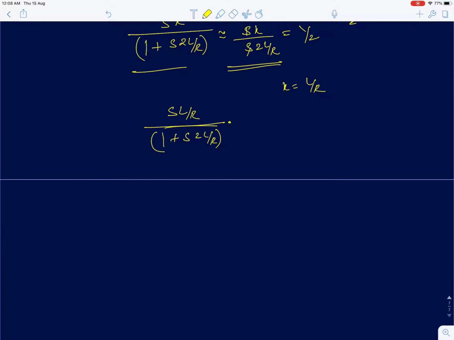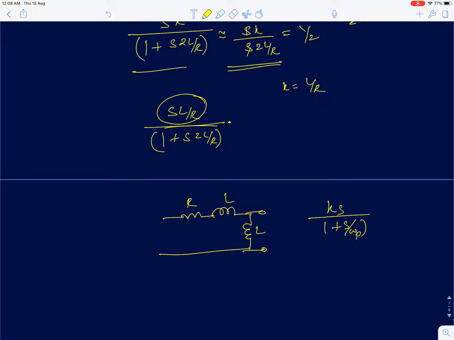Now there is another way, which is the low frequency approach, wherein I analyze the circuit at very low frequencies and try to predict the transfer function at low frequencies. At low frequencies, this transfer function, which is Ks by 1 plus S by omega p, with frequencies close to DC, which will obviously be less than omega p, will reduce to simply Ks.